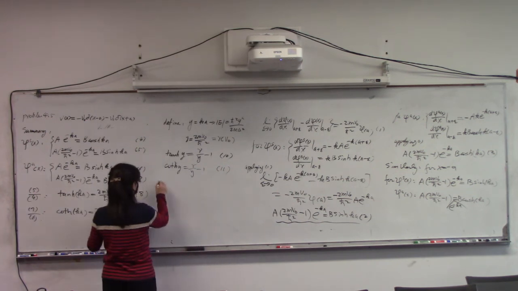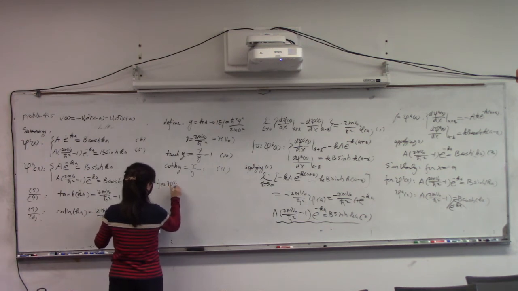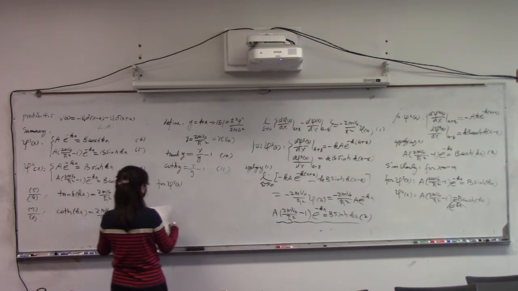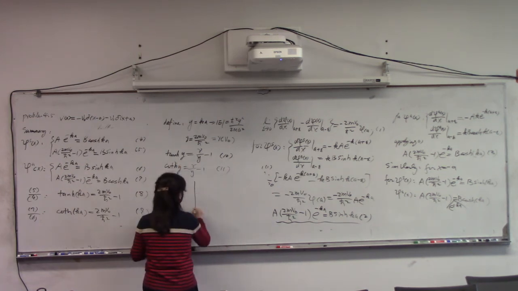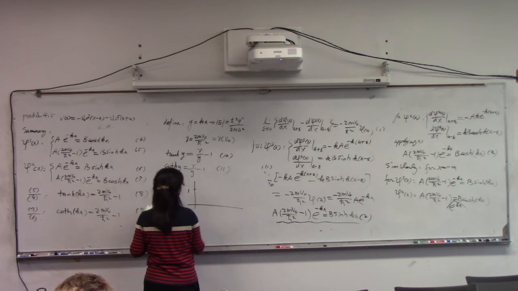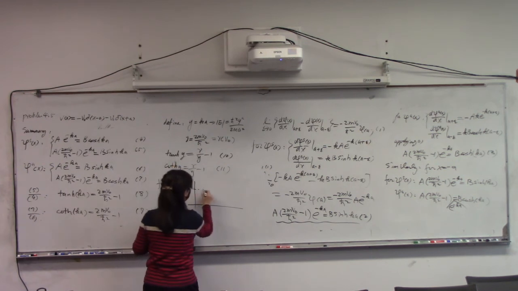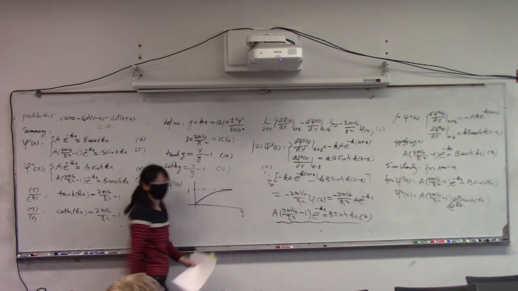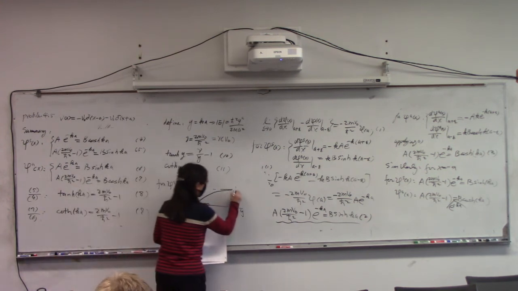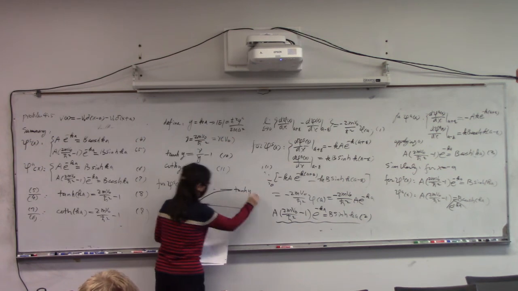Let's first discuss this case, let's look at this one. So graphically we can see very easily. Hyperbolic tangent of y, as y goes to infinity, goes to 1. So that is the hyperbolic tangent, right?